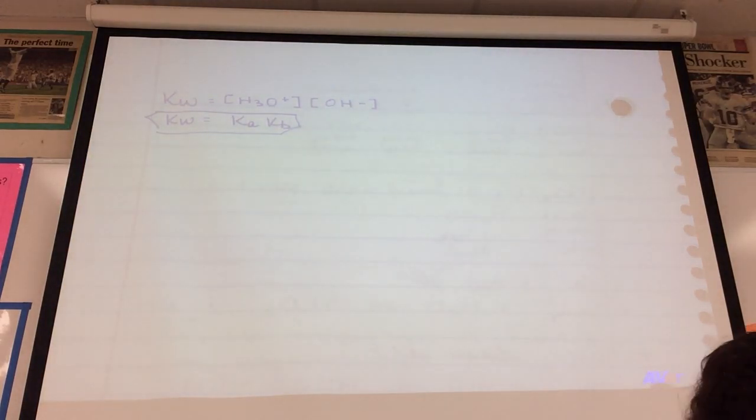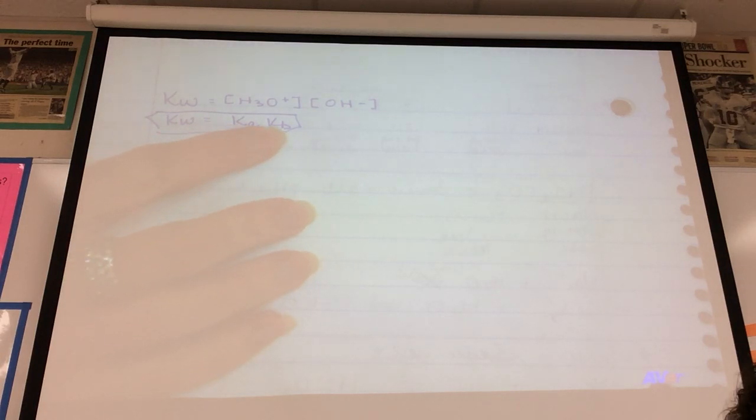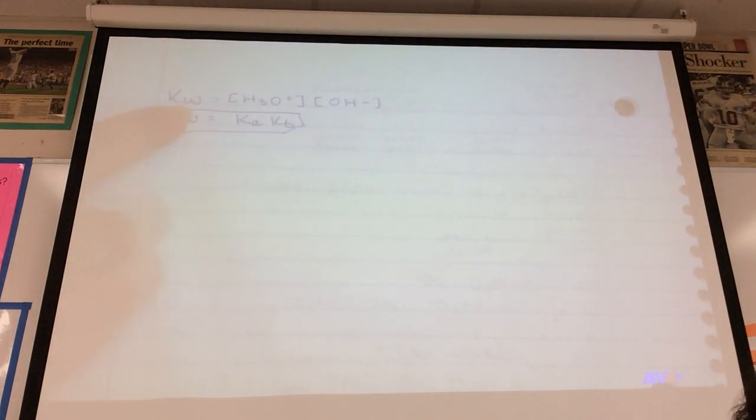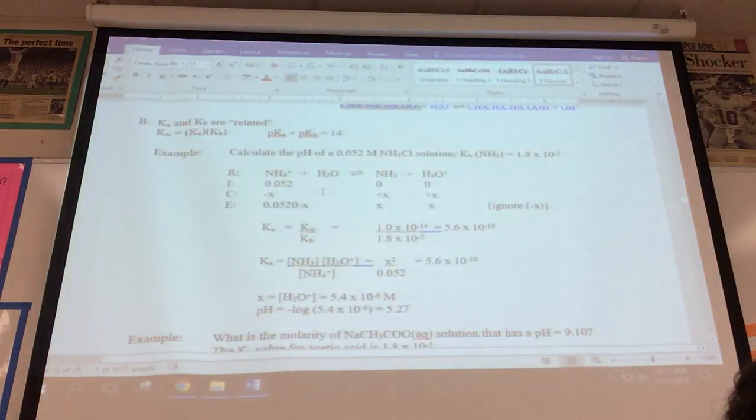So what we want to be able to do is, if given Ka, find Kb, and vice versa. Very simple. You'll see where you utilize it, exactly what we've done previously, just linking this step in. And that's why the RICE tables and everything else we talked about last time is critically important, because you're going to see more and more of it. This formula is provided to you on the back of your periodic table or on your formula sheet. You want to be comfortable with it.